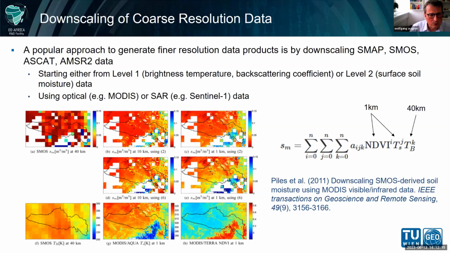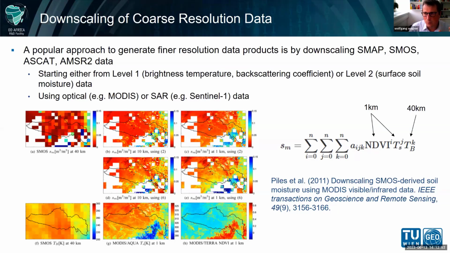So the anchor of your retrieval would be the coarse resolution microwave data, and the finer resolution data would then be used to disaggregate the information to a much finer spatial scale. So it would go here from the 40-kilometer surface soil moisture estimates from SMOS alone to the soil moisture estimates here at 3 kilometer, at 10 kilometer, and here to 1 kilometer, each one adding more spatial details.